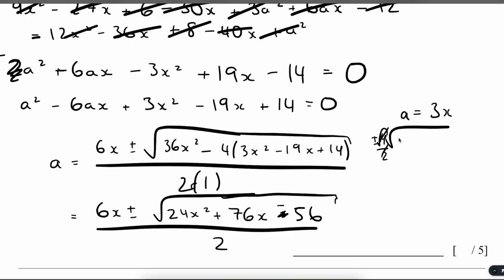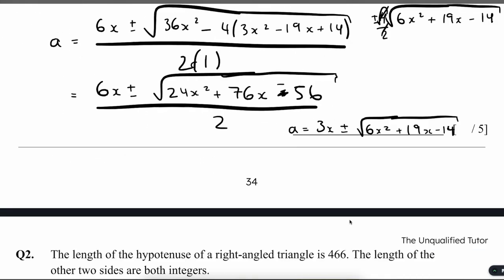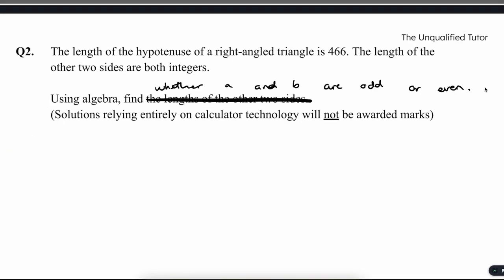So you get 6x squared plus 19x minus 14. Okay, and that is our answer. So a equals 3x plus or minus root 6x squared plus 19x minus 14. I should have mentioned at the start that the paper 3 questions are very rotten.